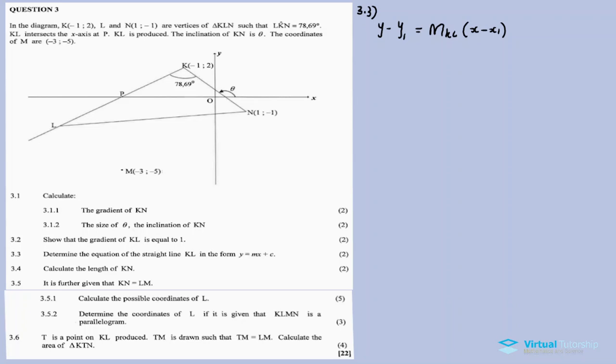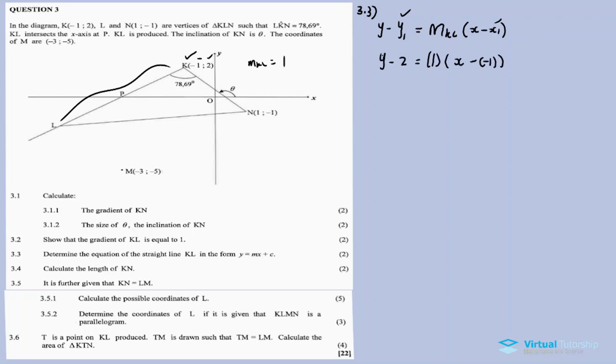So you need a point and a gradient. The point is K, and the gradient of KL. So y1 is 2, x1 is -1, and mKL from the previous question is equal to 1.